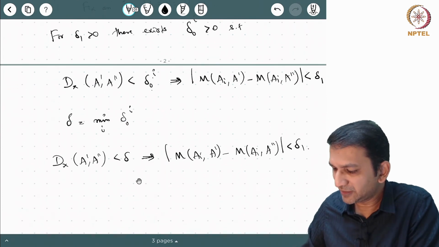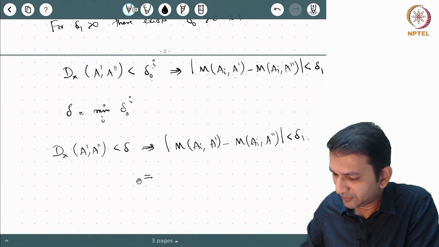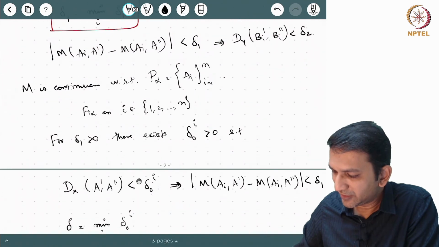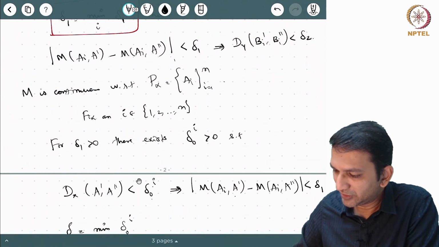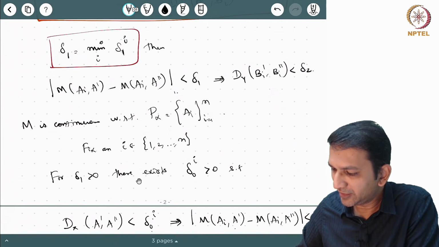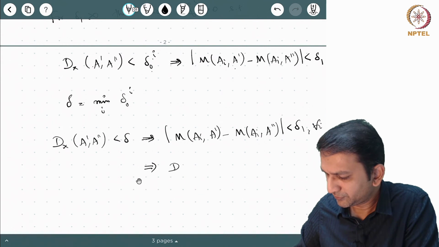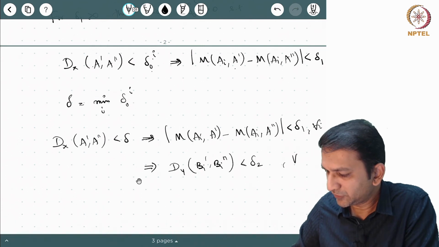Now this is the missing piece. Now we know that if this happens, then retracing our steps back, you can see that whenever this happens, it will happen for every i. Now this would imply that the corresponding dy of bi', bi'' is less than delta 2. Once again, this is for all i.